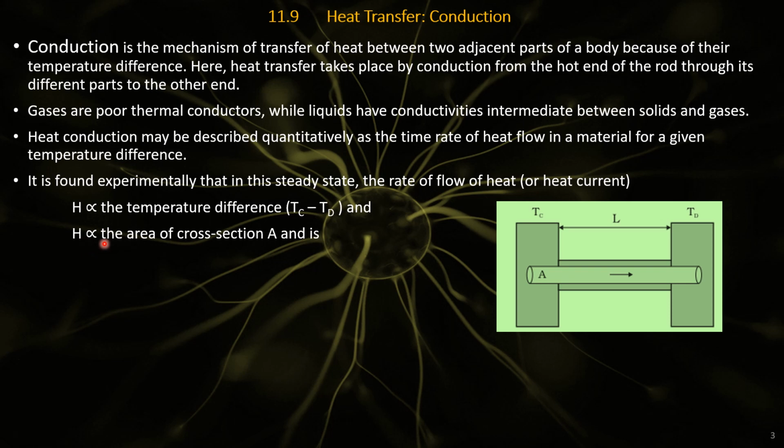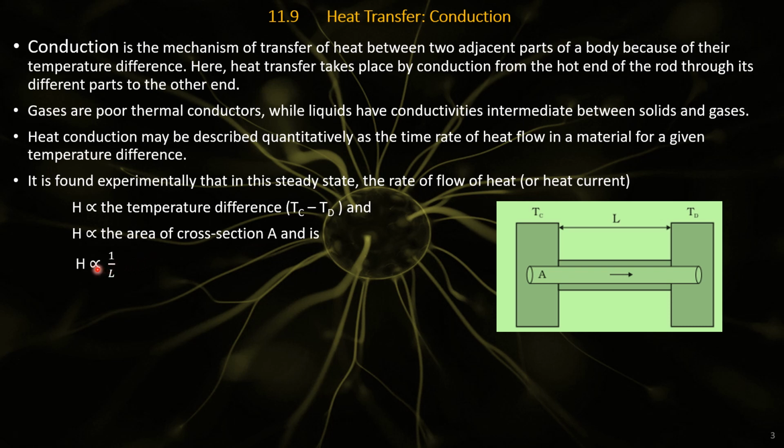Hence, H is also proportional to the area of cross section A. So this is the cross sectional area of the rod here. So heat is proportional to temperature difference, and proportional to area of the cross section.